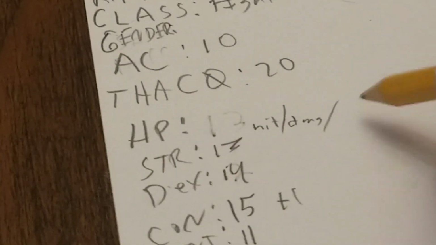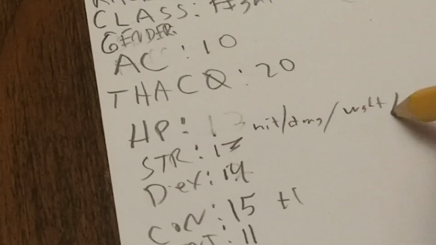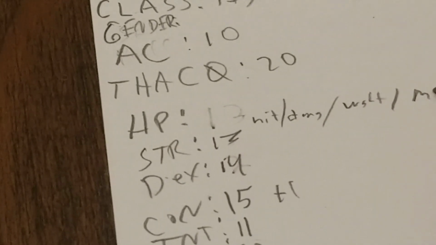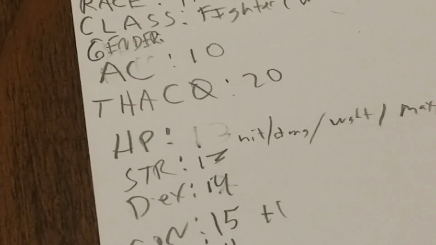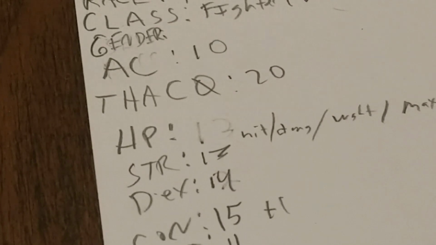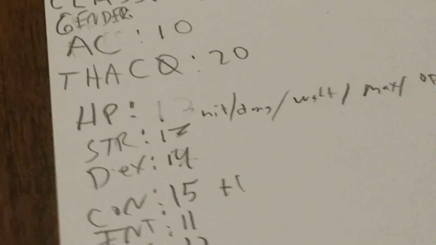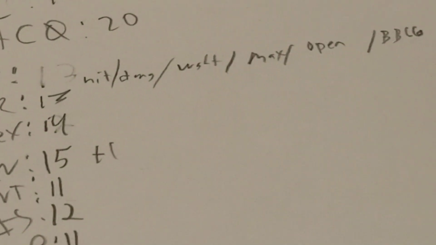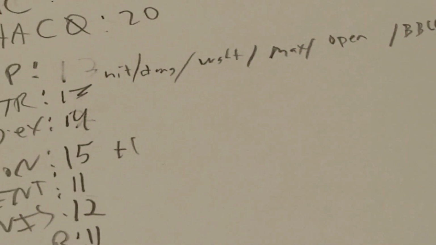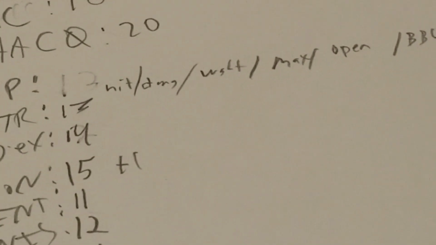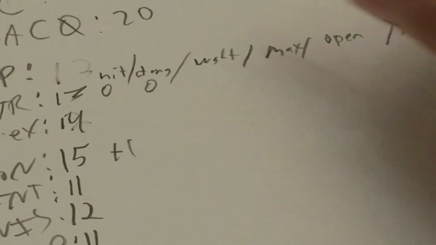Weight allowed. So you'd want that. Weight. Max press. The DMs nowadays don't care about weight. And open doors, bend bars, lift gates, right? You need all those numbers. Okay, and these are like ability checks in the newer editions, right? So hit, it's 0. Damage, 0.